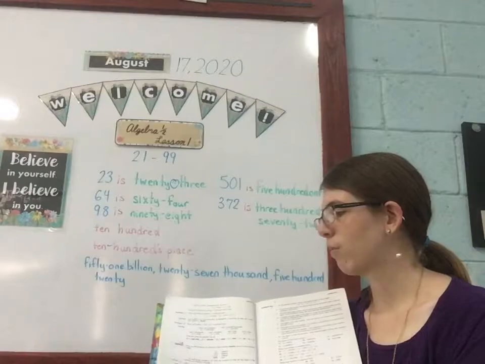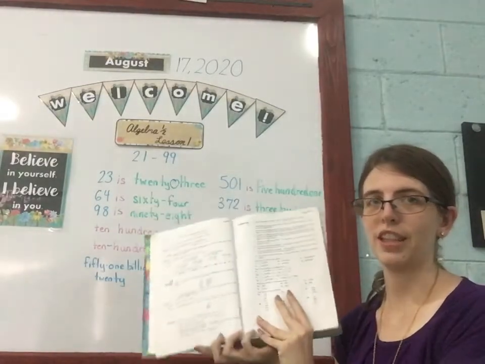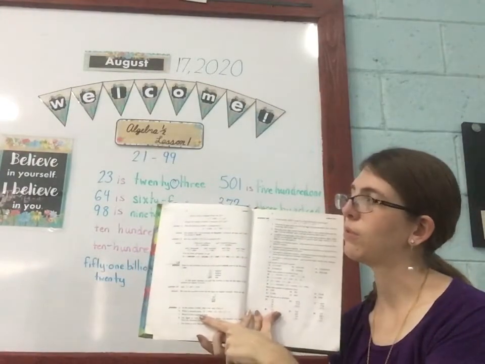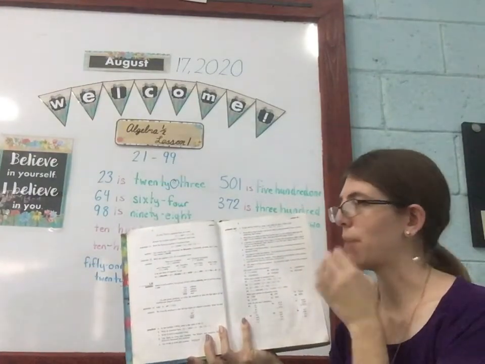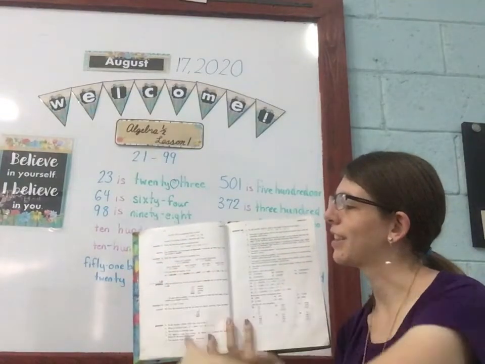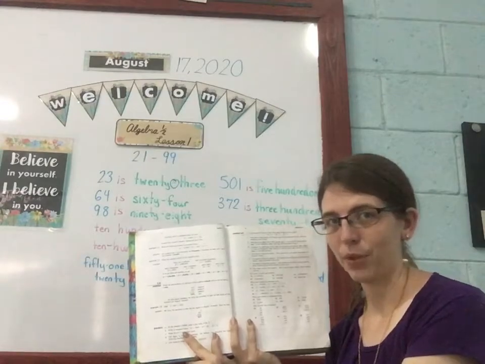And then, right before your homework, you always have, hold it up so you can definitely see that part, practice. So your practice for this one is at the bottom of page 4. I don't know my tops from my bottoms, whoops. This gives you practice for the lesson, okay?